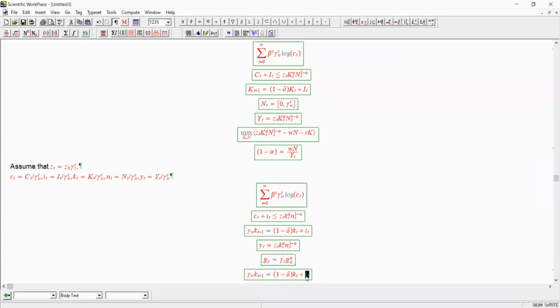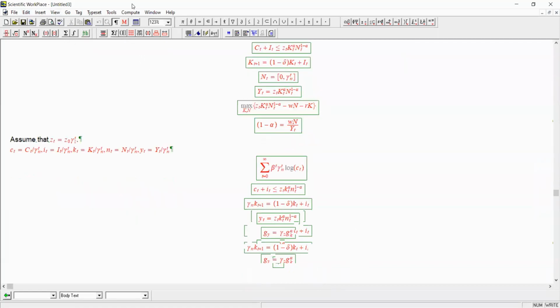And the growth factor of investment has to be the same growth factor of output. And that means, therefore, that the growth factor of investment equals the growth factor of output equals the growth factor of capital.